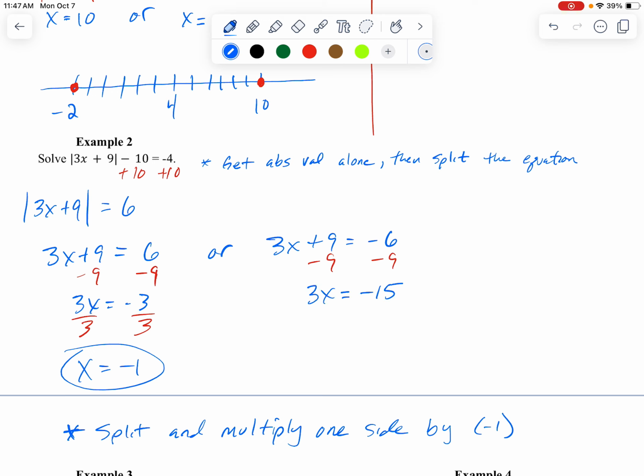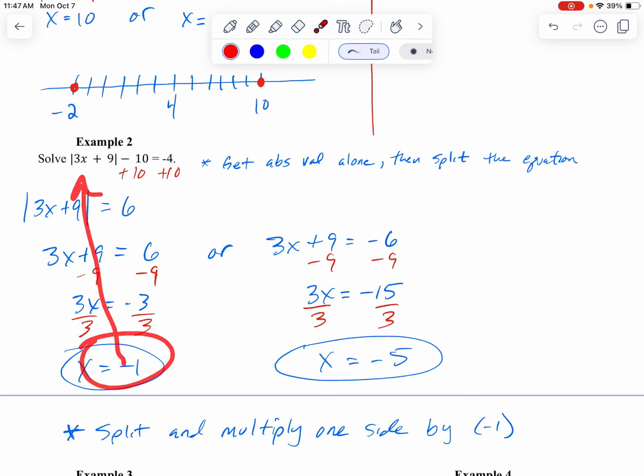It's -6 minus 9 is -15. Divide both sides by 3, and x equals -5. So once again, we have two different solutions. If we were to plug those values back into our original equation for x, we would find that both of those make this equation true.